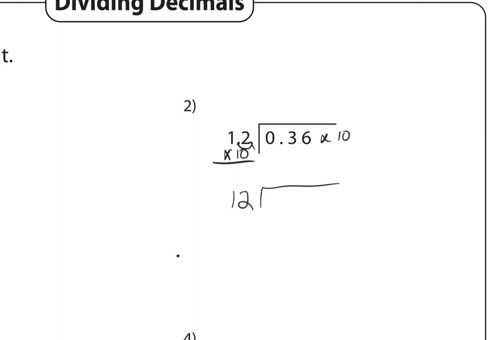If I move this decimal one place, I have to be fair and move this decimal one place. So 36 times 10 is going to make my decimal move one place to have a 3 6/10. Now, move your decimal straight up into your answer. And now divide 36 divided by 12. Goes 3 times. My answer is 3/10.